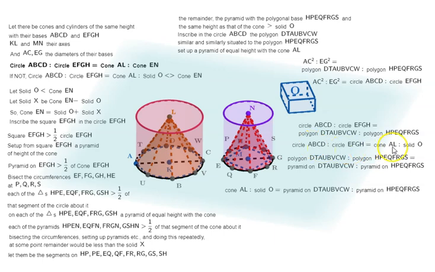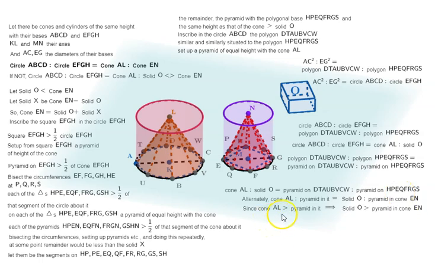So cone AL is to solid O as the pyramid on DTAUBVCW is to the pyramid on HPEQFRGS. Alternately, cone AL is to the pyramid in it as solid O is to the pyramid in cone EN.